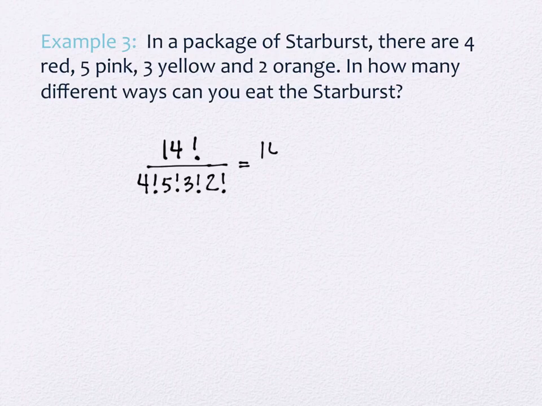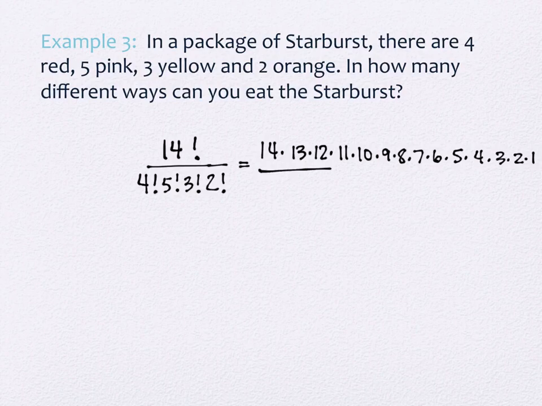But I'd just like for you to write down 14, 13, just write it out. Not calculate it, but just write it down. And then you're going to do the same thing with the denominator with its individual pieces.